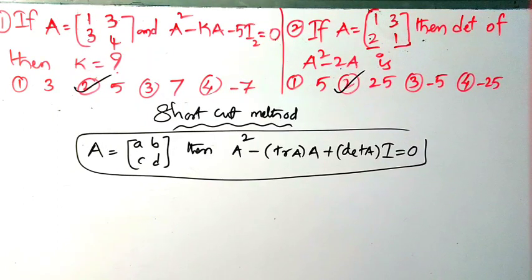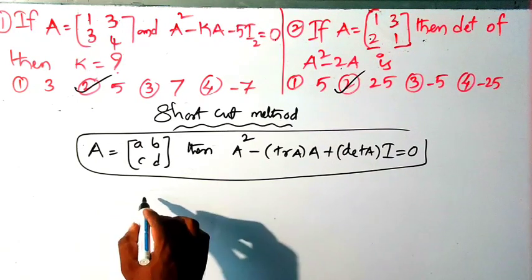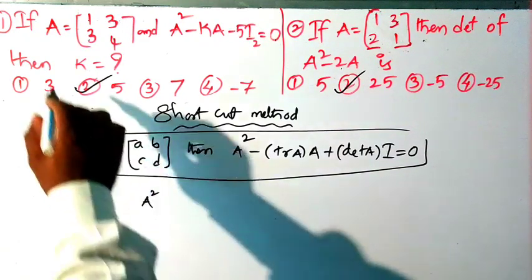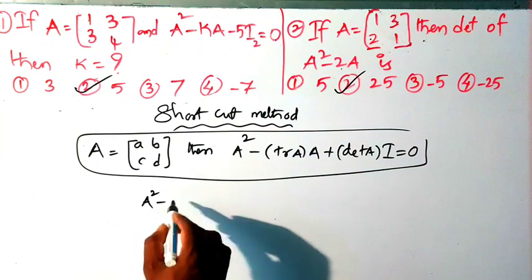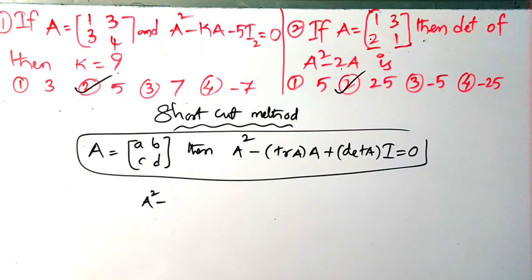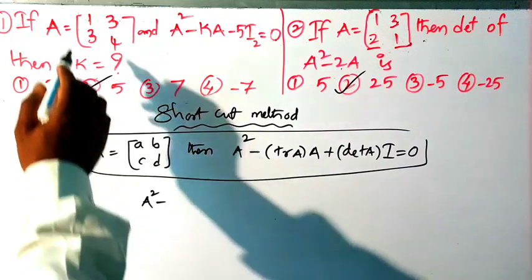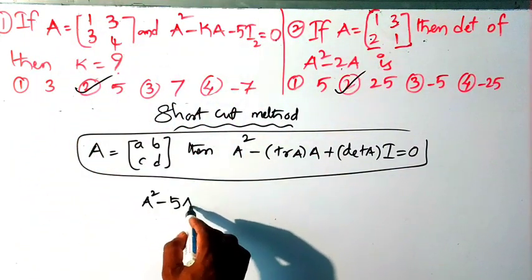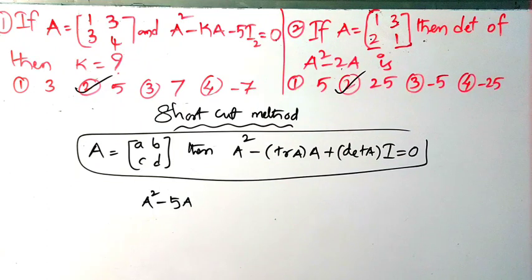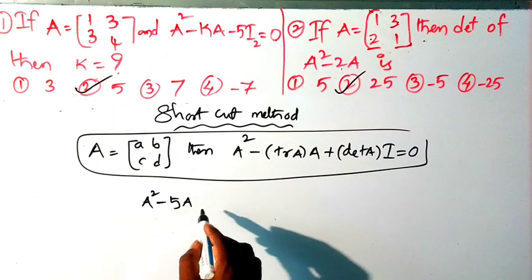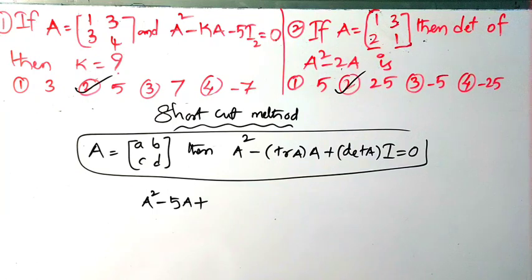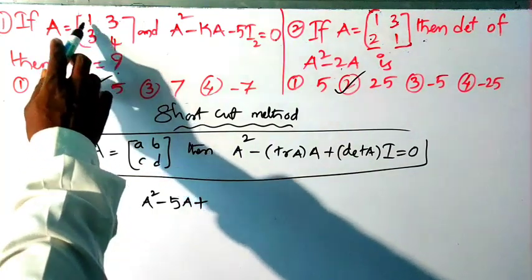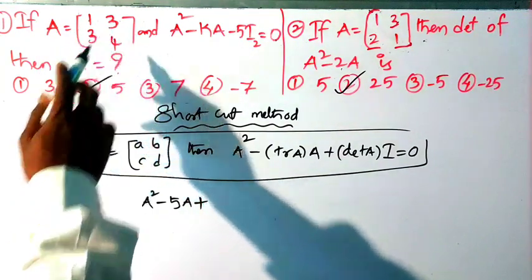See here. For this problem I will write A square minus trace of A. Trace of A is nothing but the sum of diagonal elements, that is nothing but 5 into A, plus determinant of A. Determinant of A is nothing but 4 into 1, 4, minus 3 into 3, 9.